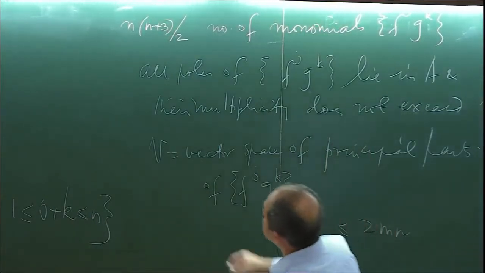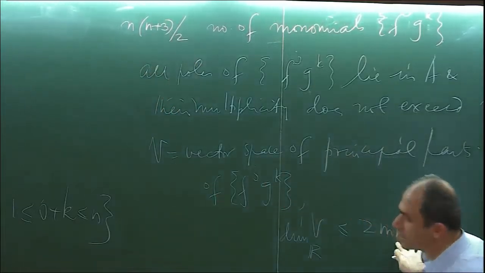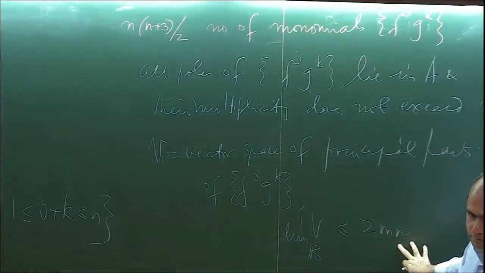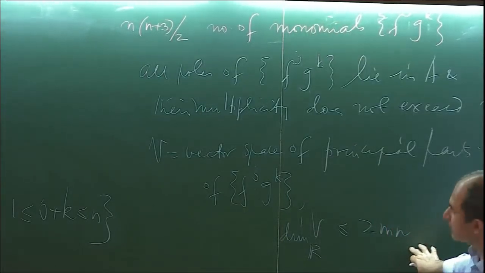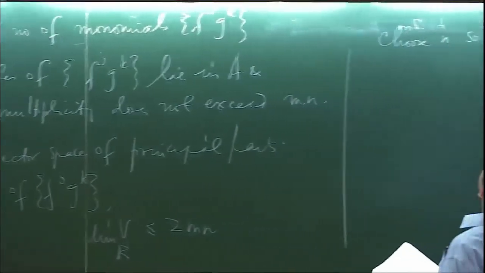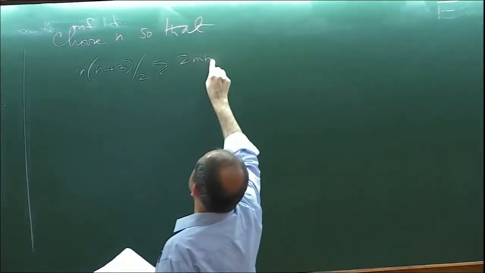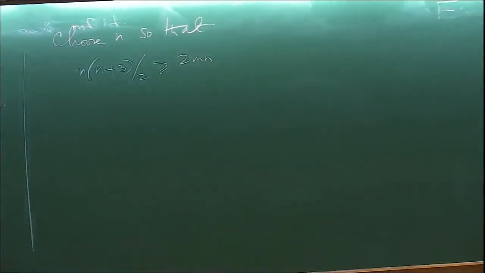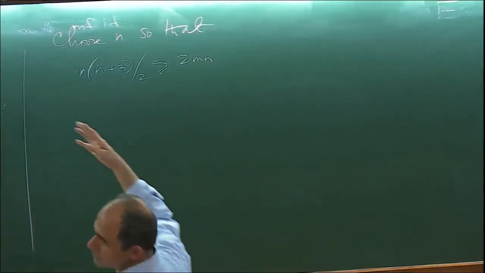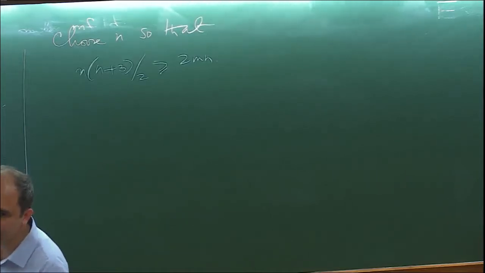But now, if I choose n large enough so that n times (n plus 3) by 2 is bigger than 2mn, then what will happen? I'm taking more elements than there are in the basis. So there has to be a linear combination which adds up to 0. I look at that linear combination, and that is the relation I'm looking for.